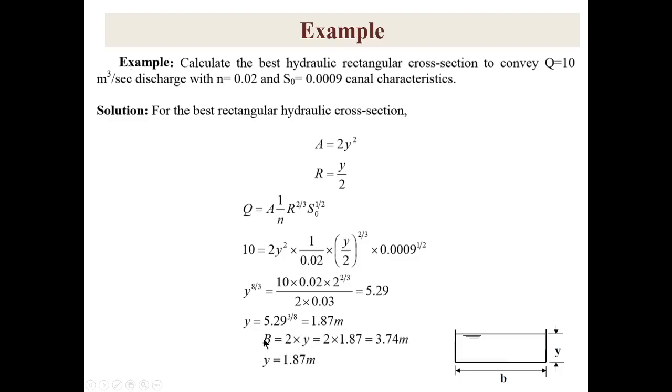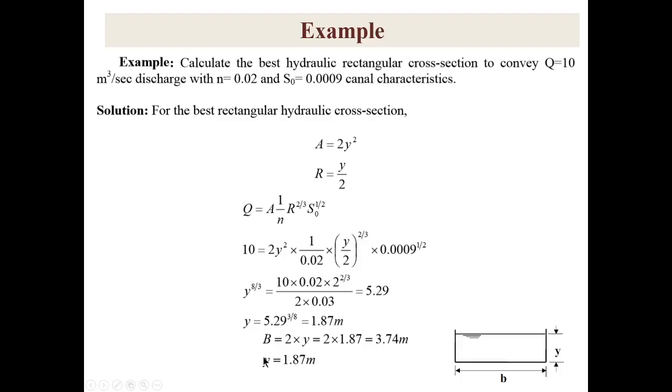And from b equals 2y, you remember, this is the condition of the best economic rectangular cross section, we can find the bottom width of the rectangular cross section, 2 times 1.87 will be equal to 3.74.